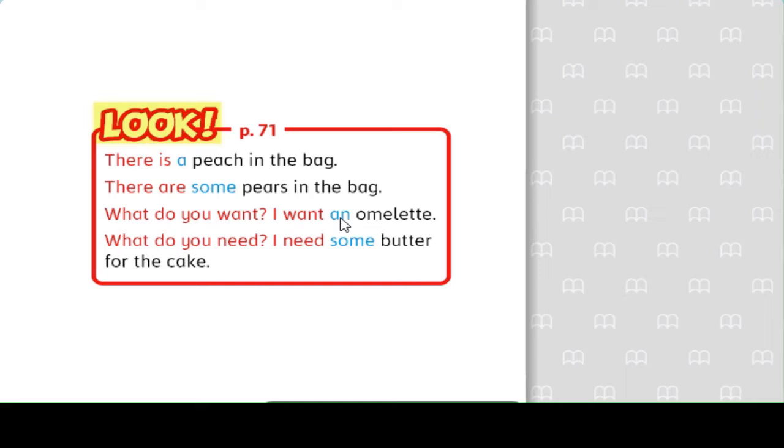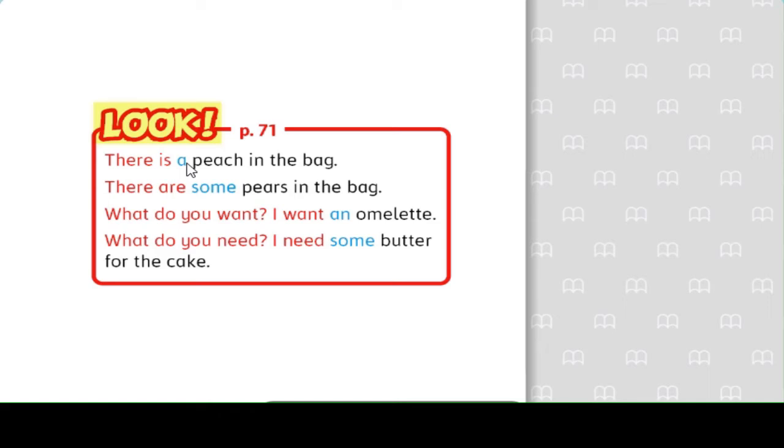So what is the difference here between a and an? When do we use a, and when do we use an? Do you remember that I told you in the class the differences between them?